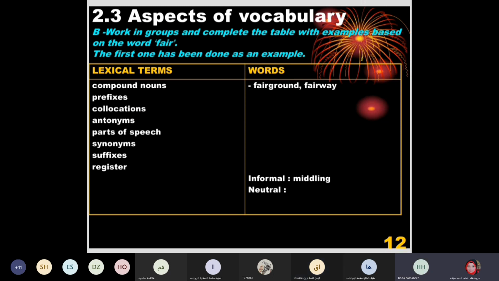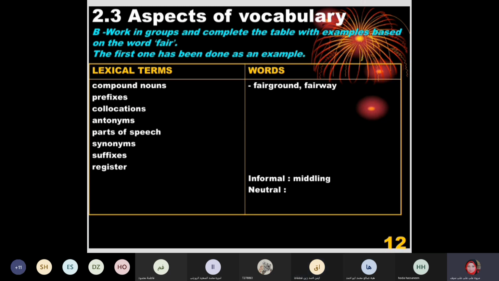I think this suffix deals with the category of words. Yes, the category or the part of speech or the form, any of these names.